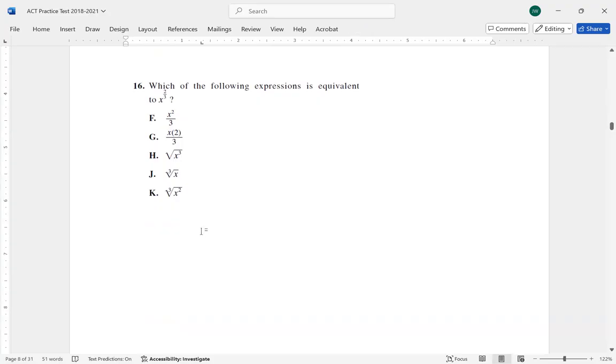Question 16. Which of the following expressions is equivalent to x to the power 2/3? Well, there's a number of different ways you can see this, but one way is to take x squared and raise that whole thing to the 1/3 power.